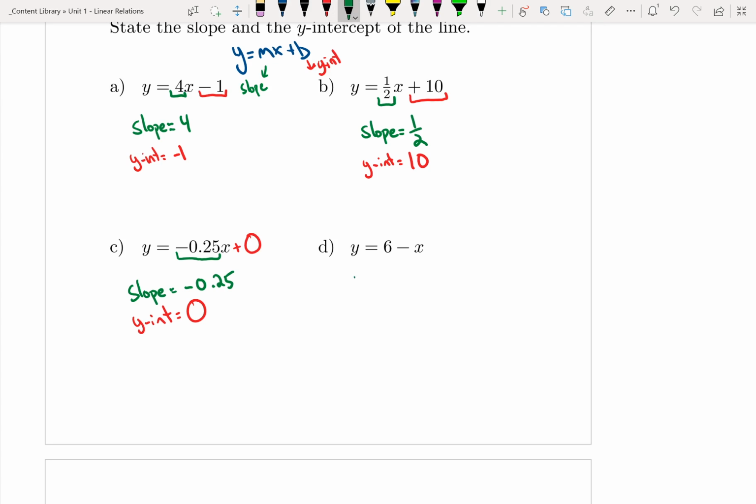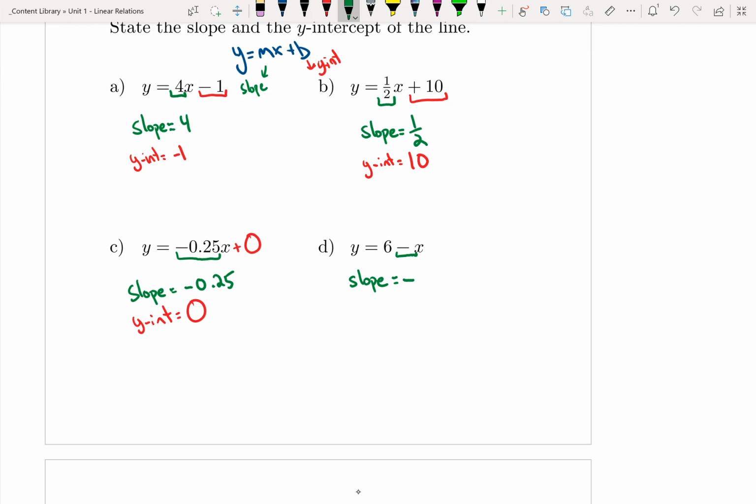For d, same idea. I'm looking for my slope, so I'm looking for the number attached to the x. This one's a little different because my equation is arranged differently, but I'm still looking for that x value and then whatever the number attached to it is. So I see a minus x, so that means that it should be minus whatever the number is with x. I know it's a negative because I see the negative sign, but I don't see a number.